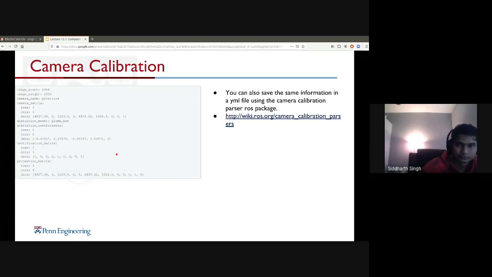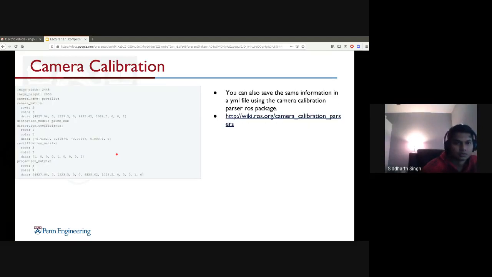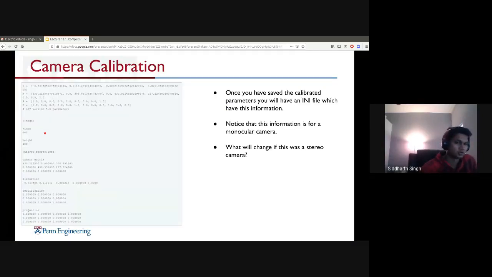Camera intrinsic data. Yep, the projection matrix will change because then you'll have in this column the translation, the baseline, and you'll have some values in the rectification matrix also, right?